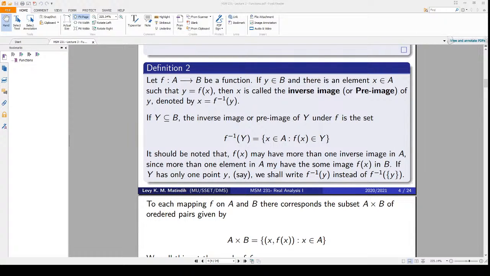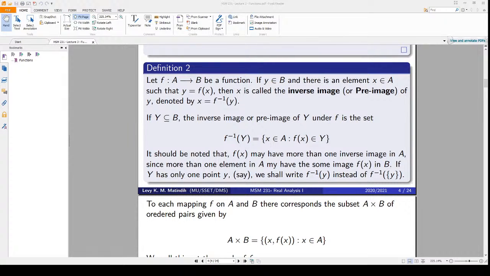Now, if y is an element of set B and there is an element x in A such that y is equal to f(x), what you're saying is, if you obtained this y in set B by applying this function on an element x which is in A, then x is called the inverse image or pre-image of y.